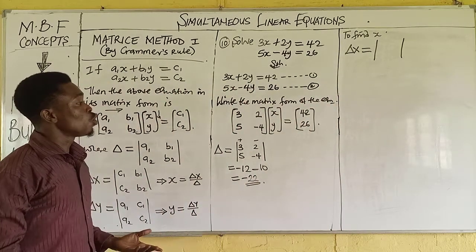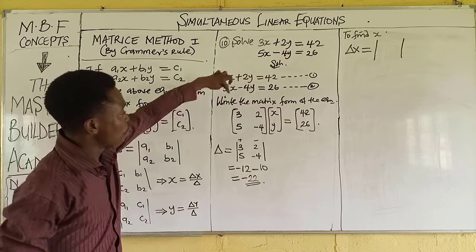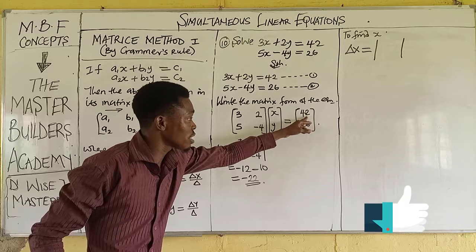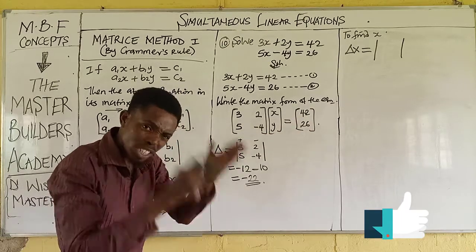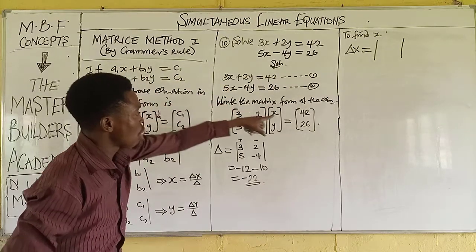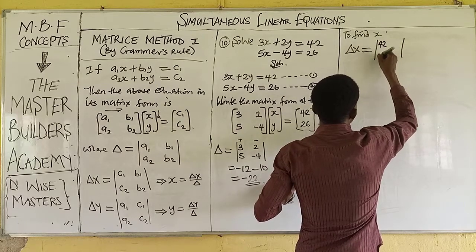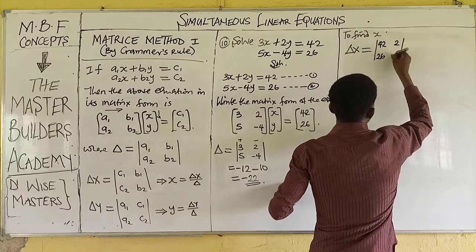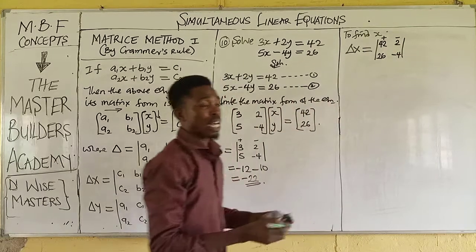Now, the next thing you do is, now that I have decided to find x, I will remove the coefficient of x and replace it with the constants I have at the right hand side. The coefficient of x here is 3 and 5. So I will replace it with 42 and 26. Then y remains this. So I introduce plus or minus. It's as simple as this.